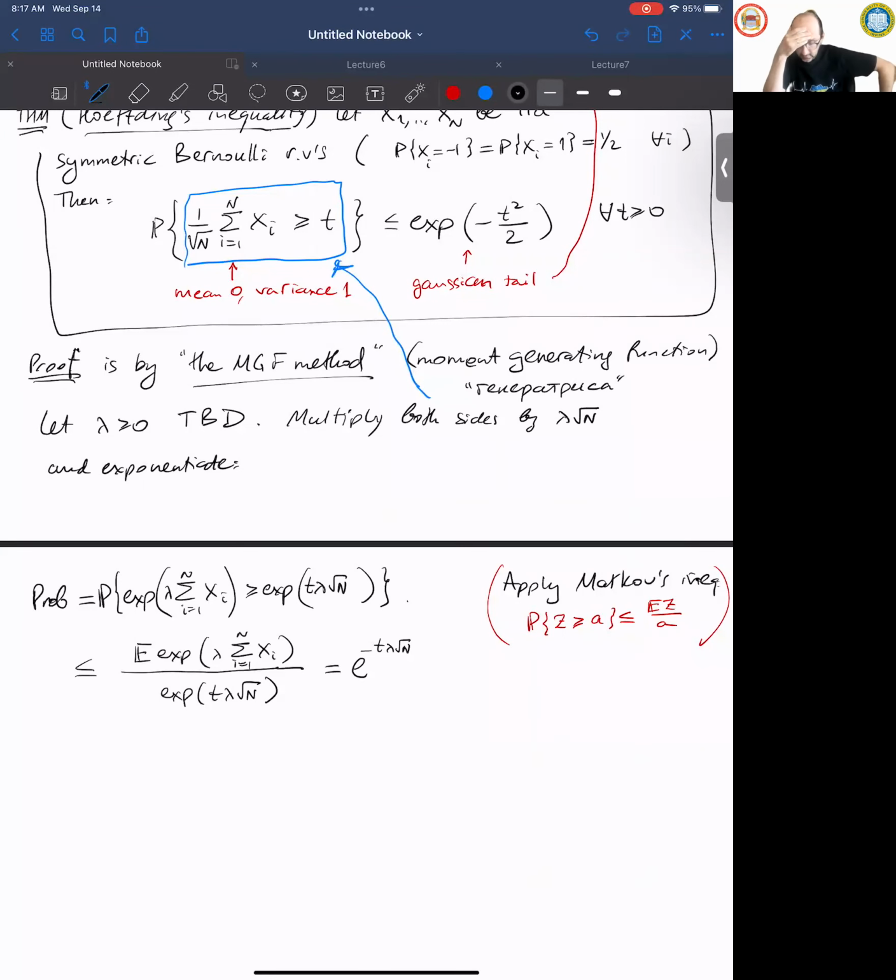And the numerator, what do we do here? We exponentiate the sum. That's a product of exponentials, right? It's factors. So we can write it as a product of exponentials, e to the lambda xi.